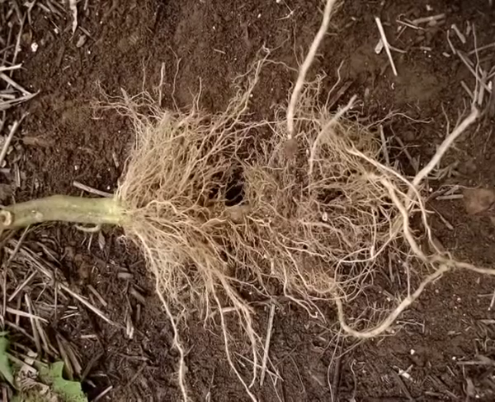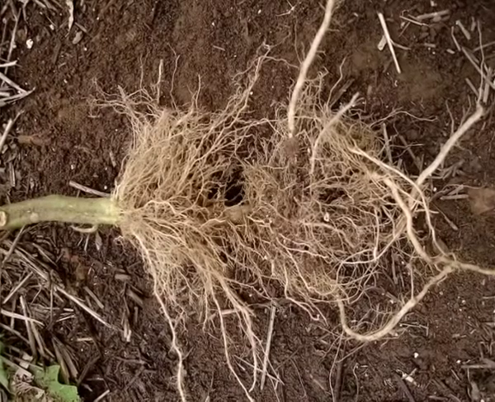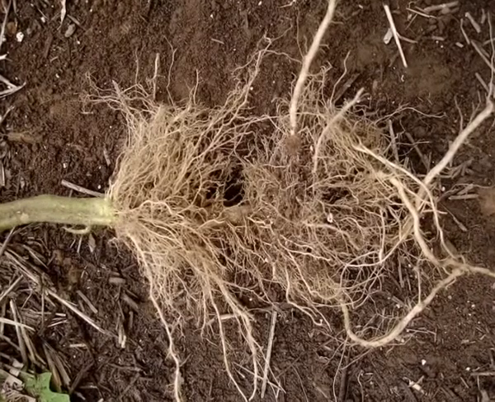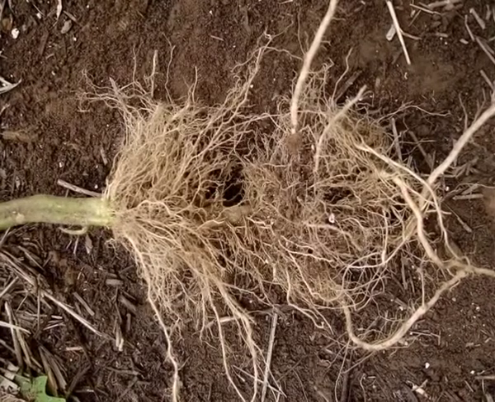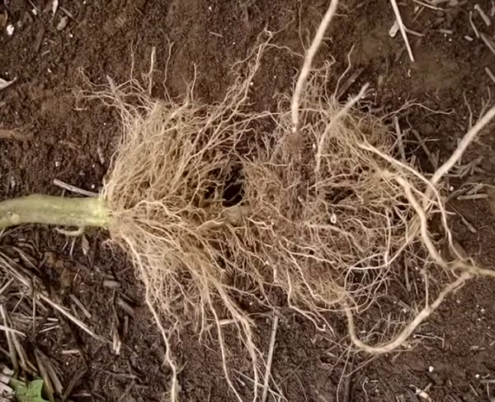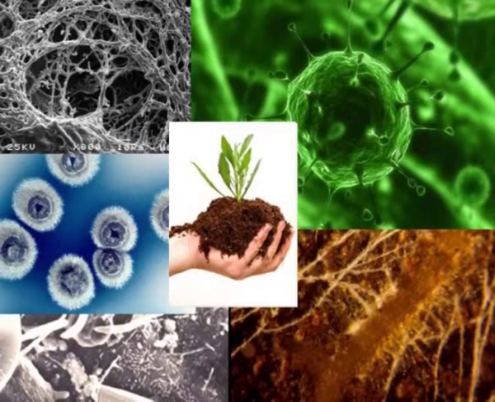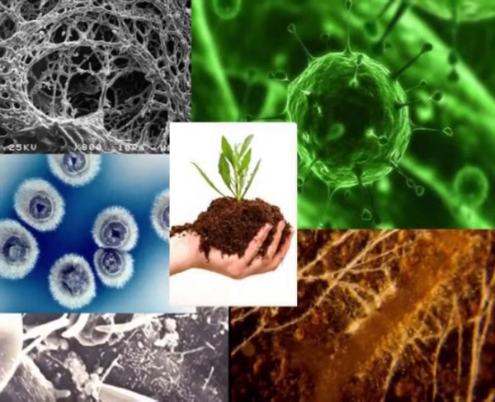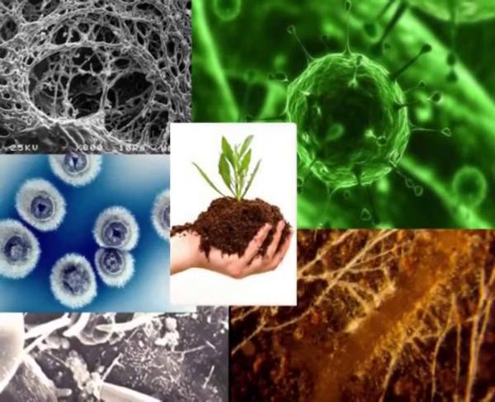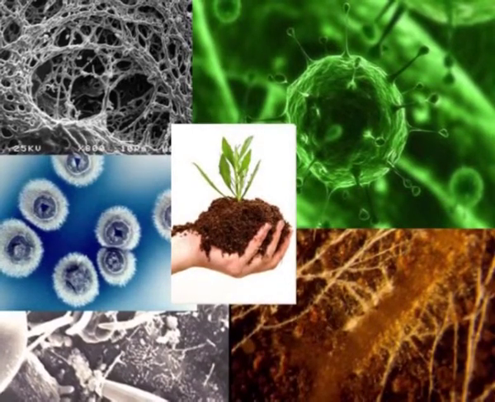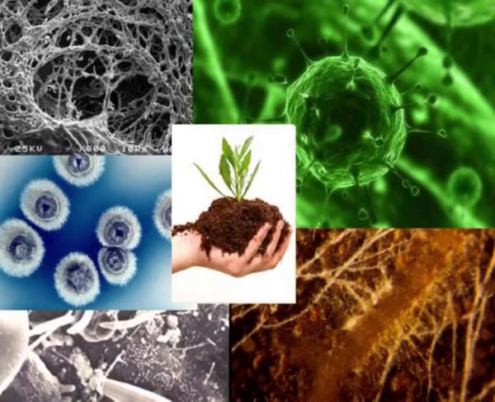The amount of carbon dioxide is usually much greater near the roots of plants than further away. It may be due to respiration by roots. Microbial activity. The microorganisms in the soil require oxygen for respiration and they take it from the soil air and thus deplete its concentration in the soil air.